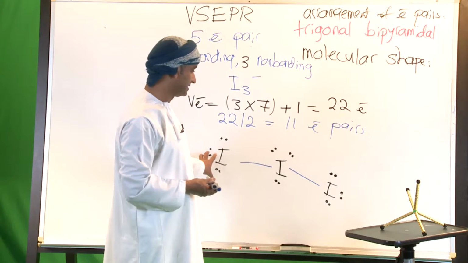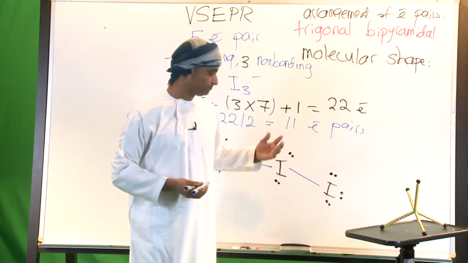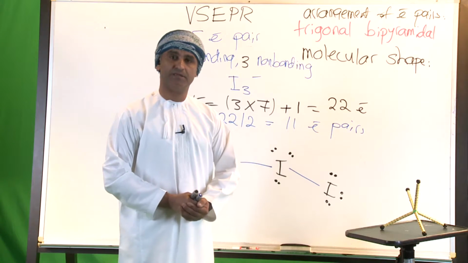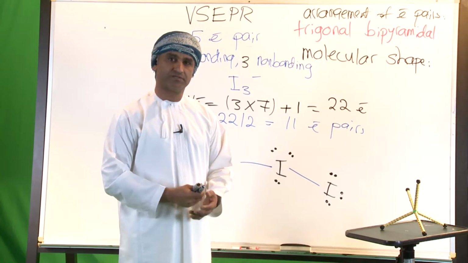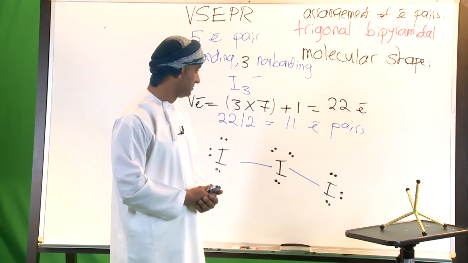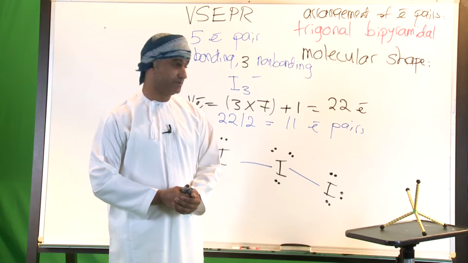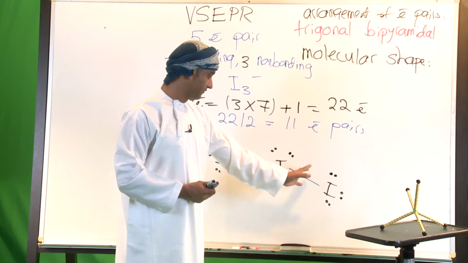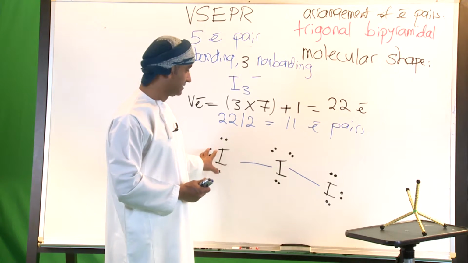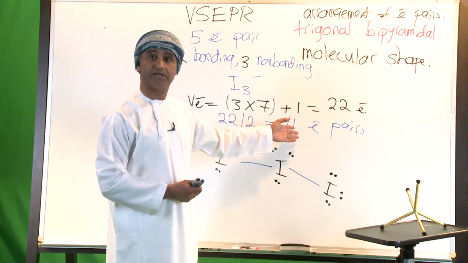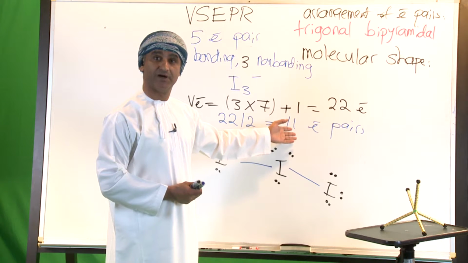So 8 plus 8, that's 16, and there are additional 6 non-bonding electrons, so that is 22. So that's reasonable. If you double check the electron pairs, you would find there are 4 here, 4 here, that's 8, plus 3, that's 11, and that's in accordance with the number that we have found before.